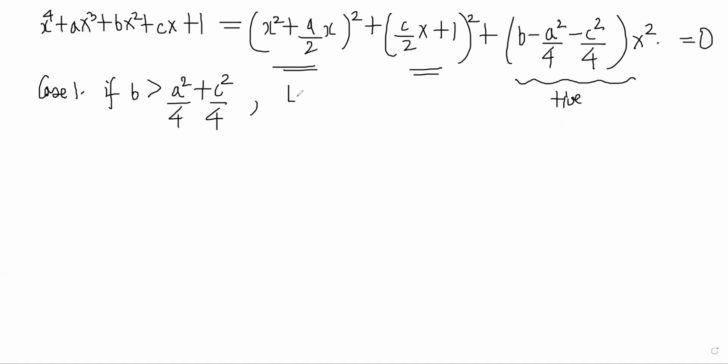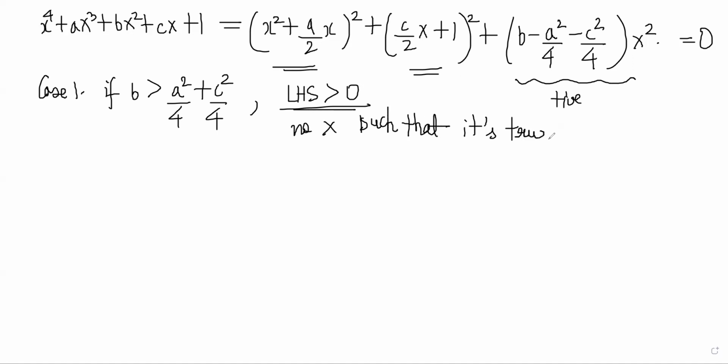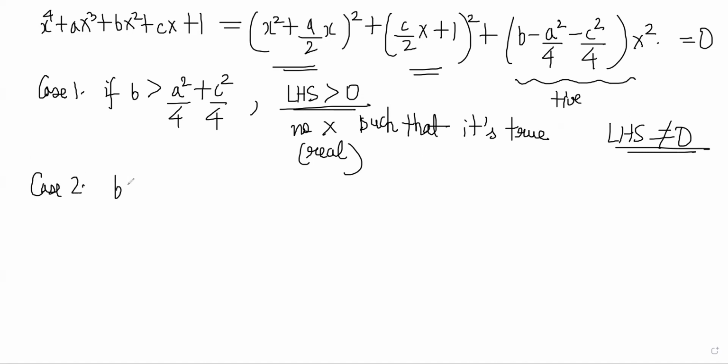So LHS is coming out greater than 0. There is no real x such that that can be true because it is all positive. So it cannot be equal to 0. Right? So that is case 1. That means case 1 doesn't work. So we say b is less than or equal to a^2/4 + c^2/4. Right?